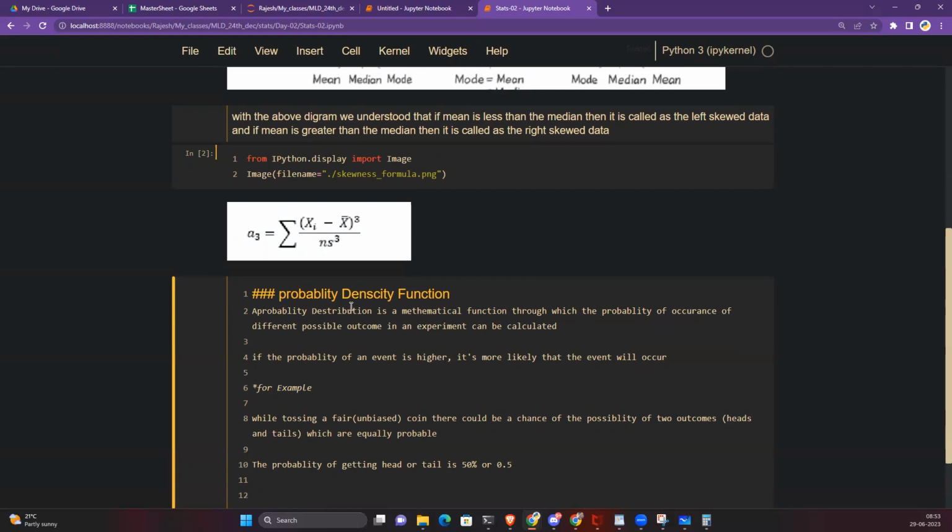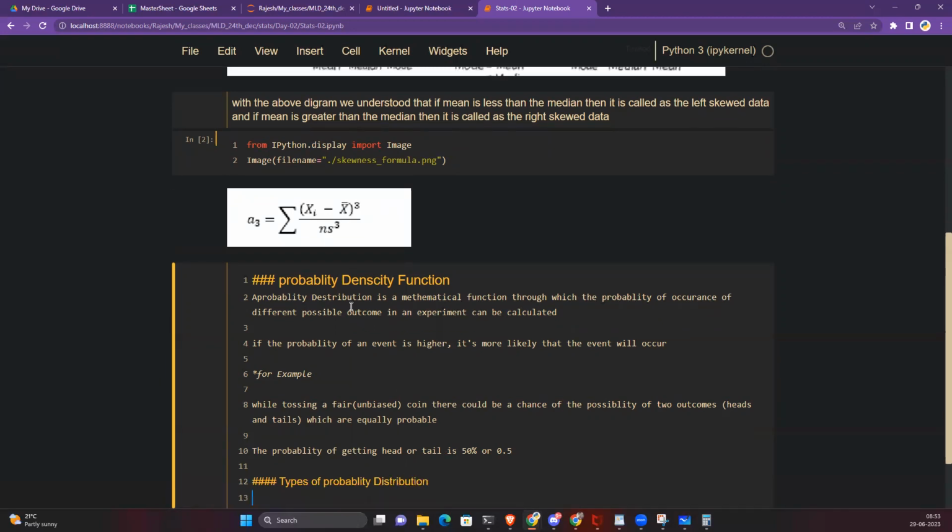So now we are going to understand the types of probability distribution.